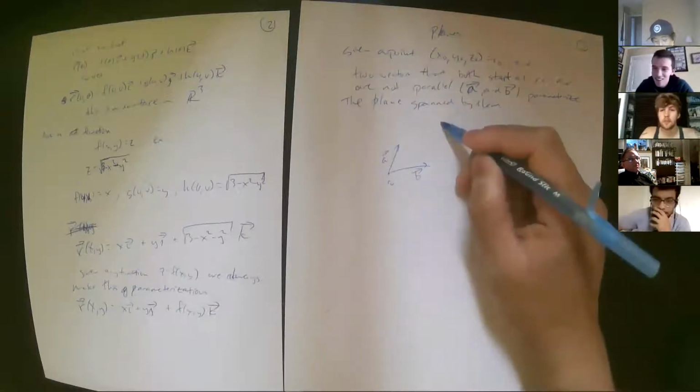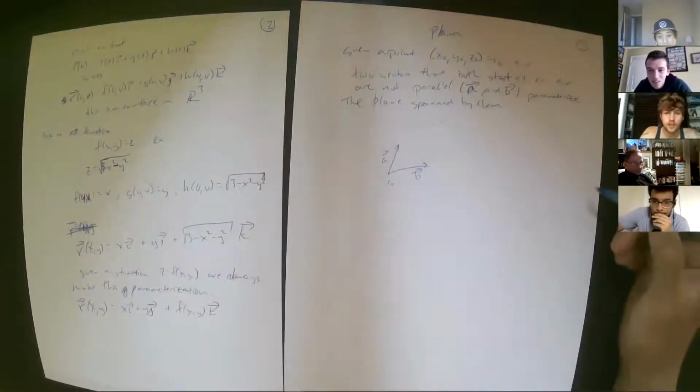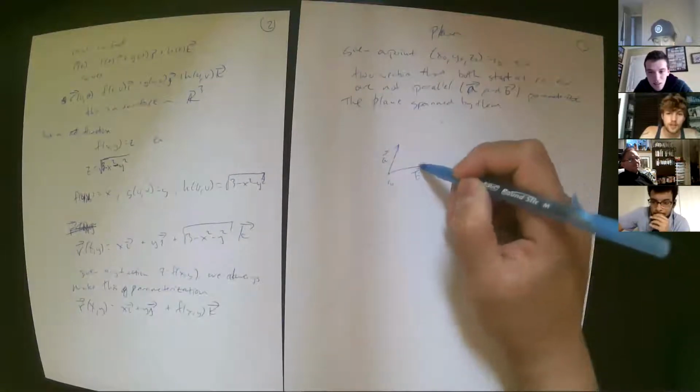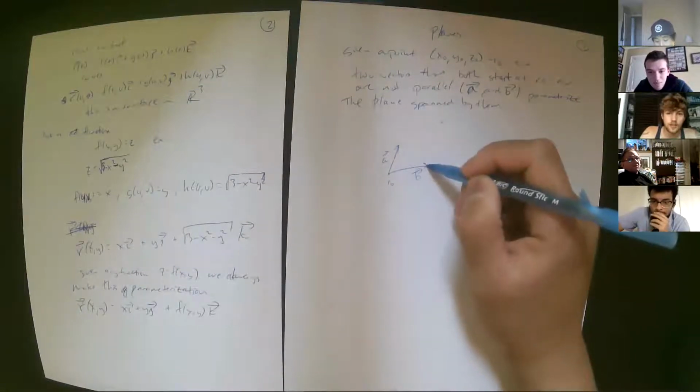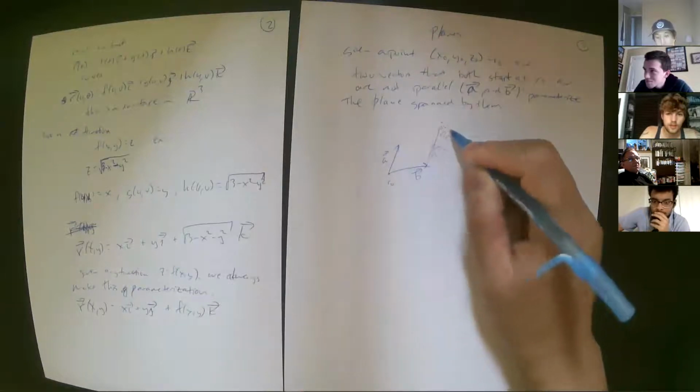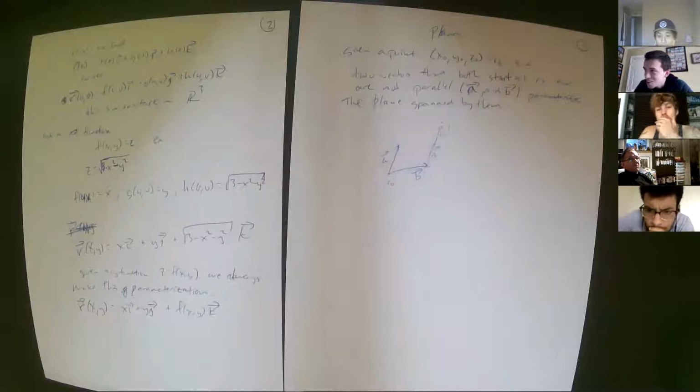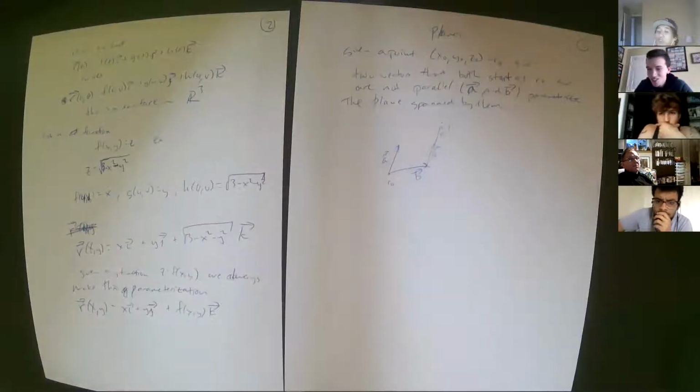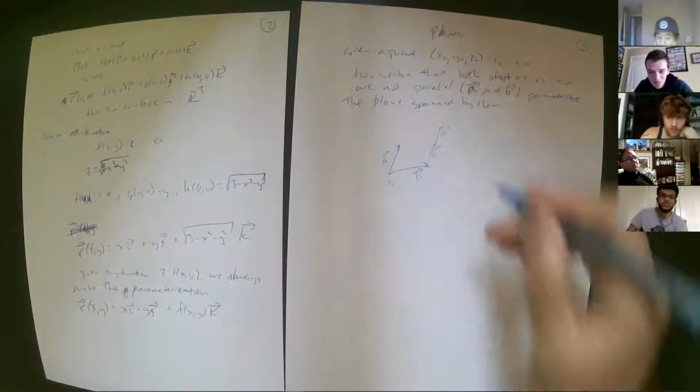Let's say I want to get to this point on this plane. I travel this number of B's and then this number of A's. So describing that process, we can parameterize this plane.